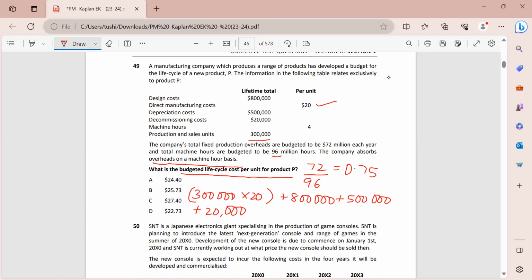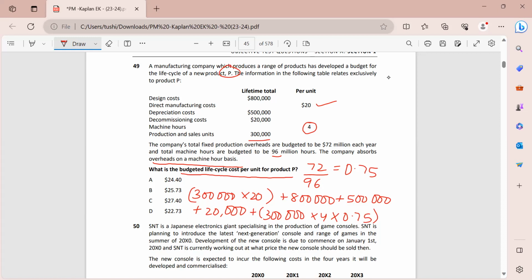Because when we are looking at the level of the life cycle cost, we add all of the costs together. So then we take our fixed production overheads. We have 300,000 units, and for each unit we have 4 hours, and then we have 0.75 as our absorption rate. So the total fixed production overheads that we have is 300,000 multiplied by 4 hours and multiplied by 0.75. So this will be the total fixed production overheads that relate to product P, right?